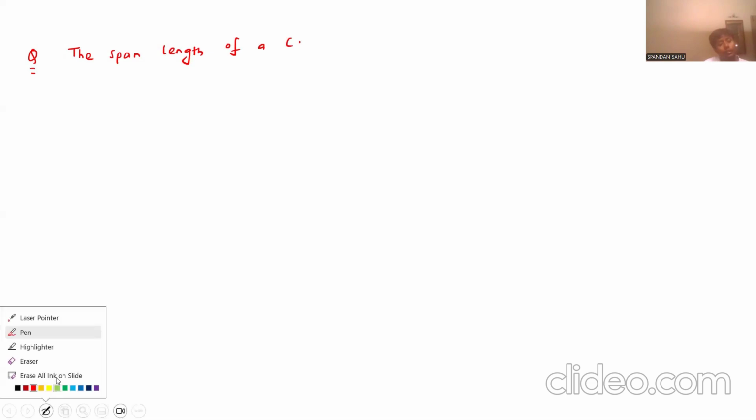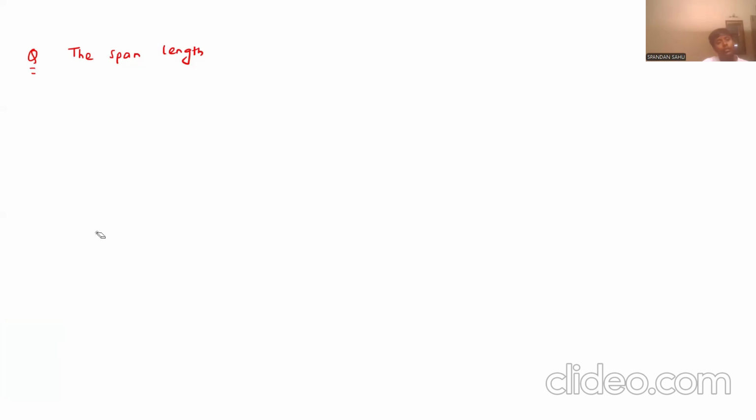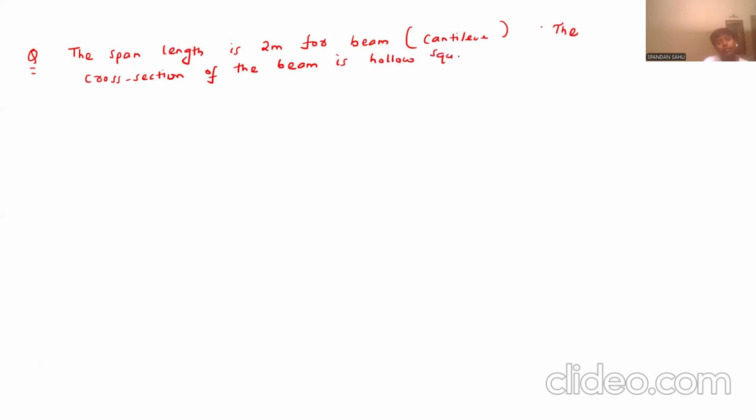Now write: the span length is 2 meter. The cross section of the beam is hollow square with external sides of 100 mm.